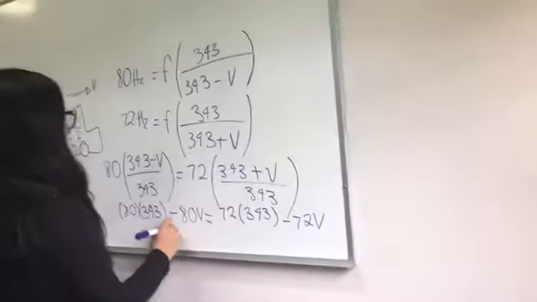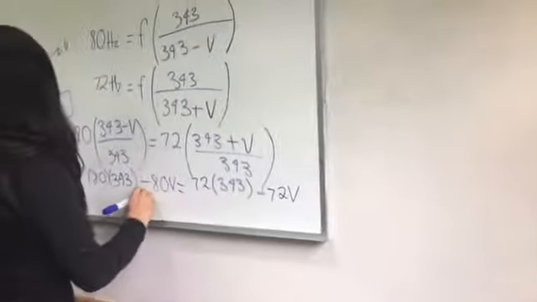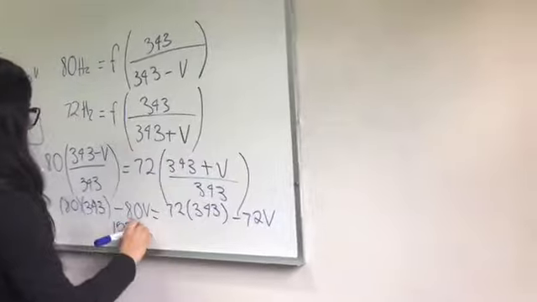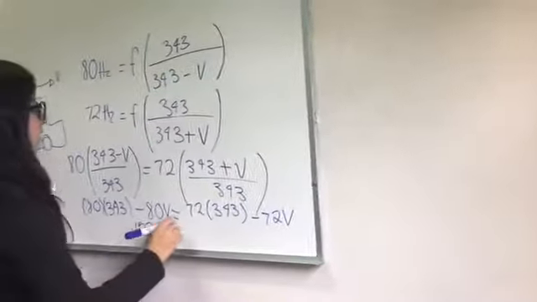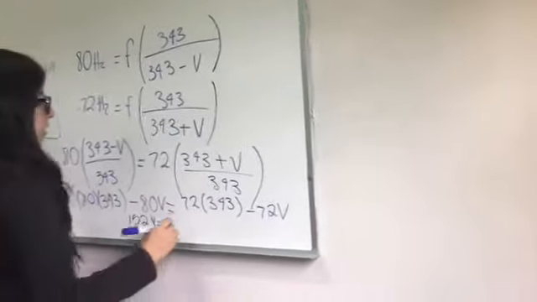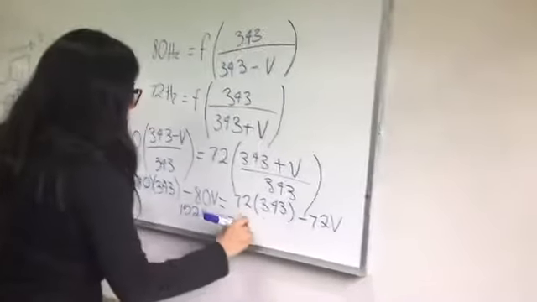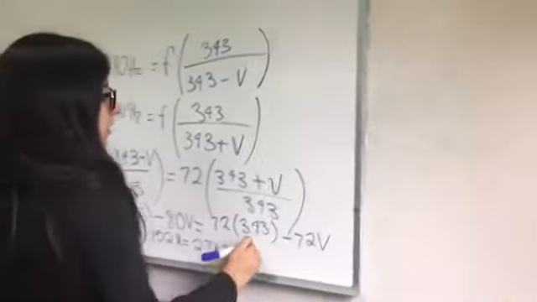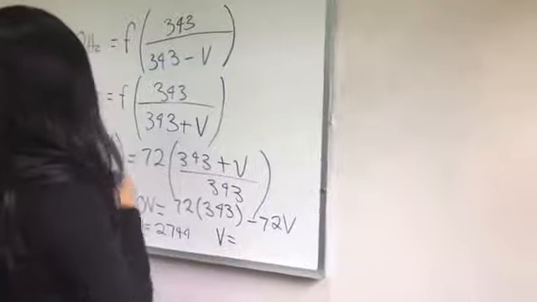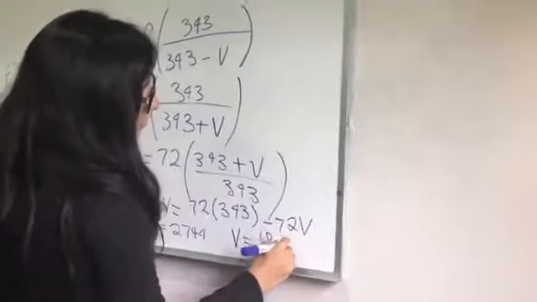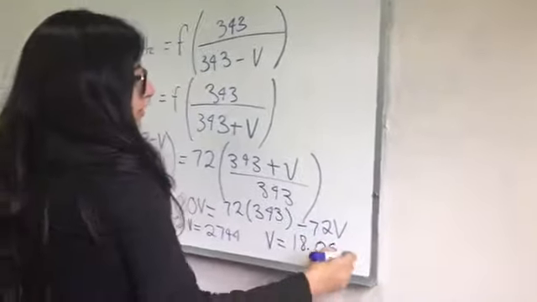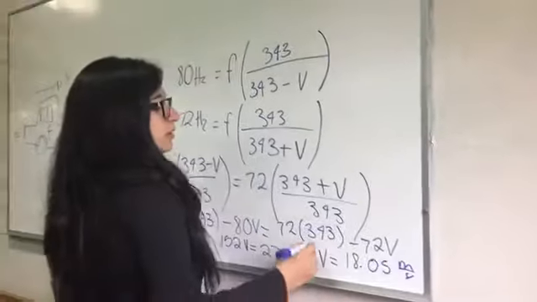So solving this, we get that 152 times the velocity is equal to 2,744, and we solve it and we get that the velocity here is 18 meters per second.